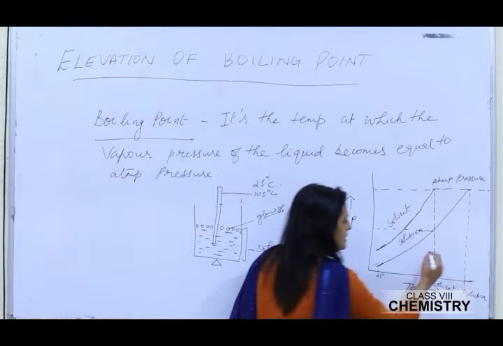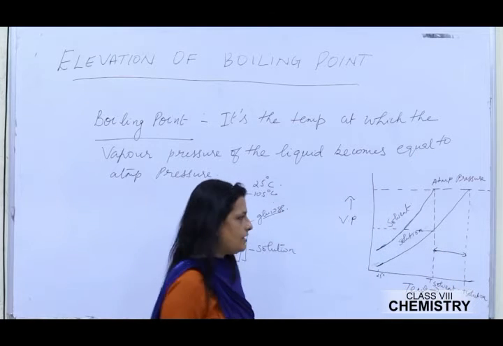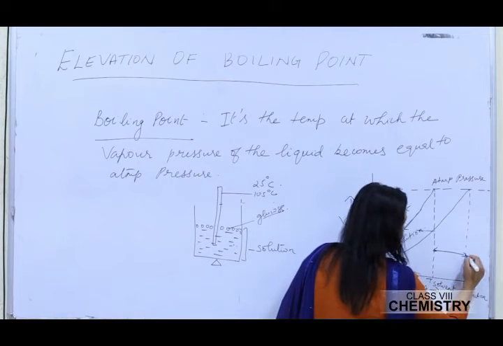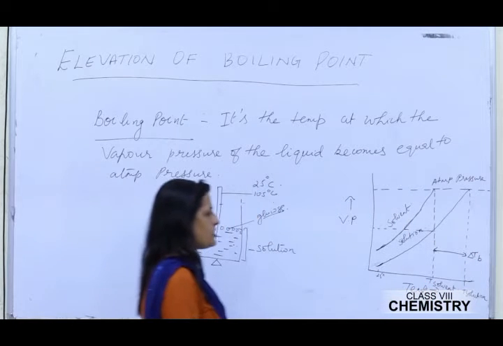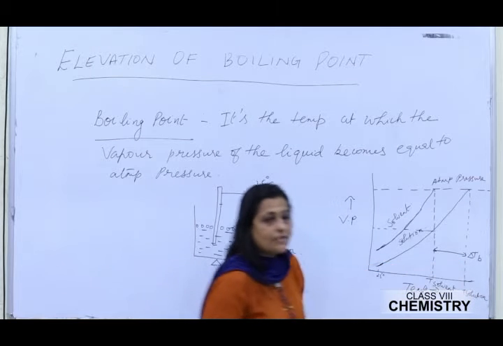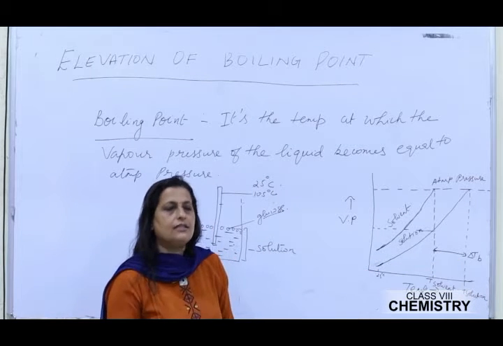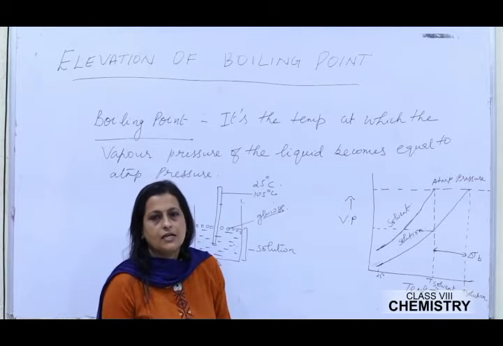So, this increase in boiling point is known as what? Elevation in boiling point, and it is represented as delta TB. So elevation in boiling point is coming. Why? Because when you are adding non-volatile solute, the vapor pressure of the solution becomes less than the vapor pressure of the solvent.